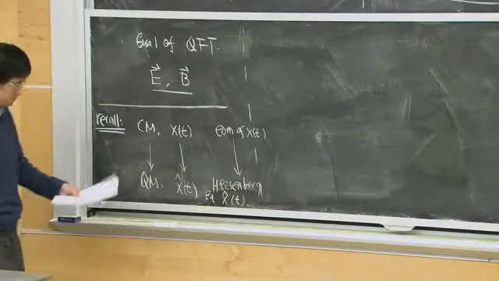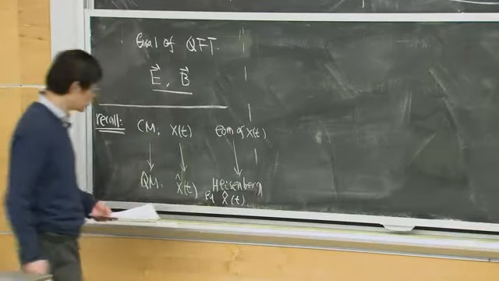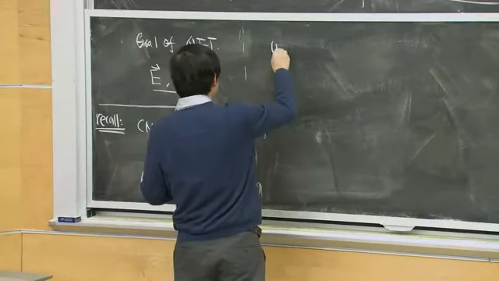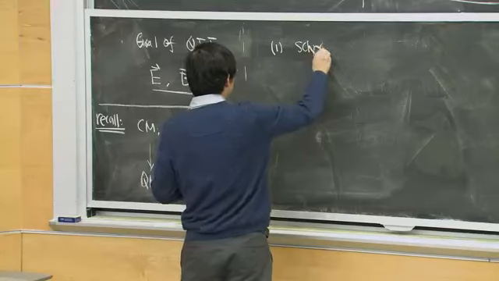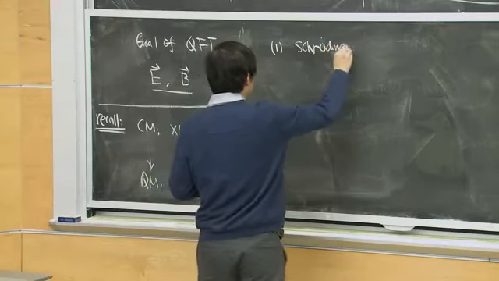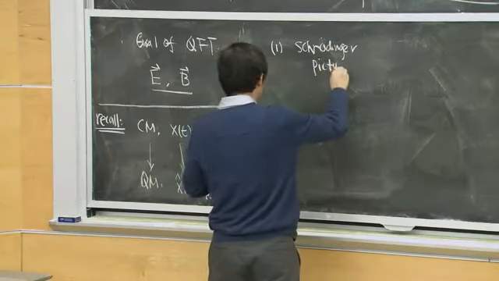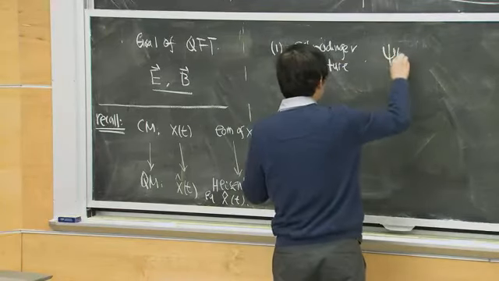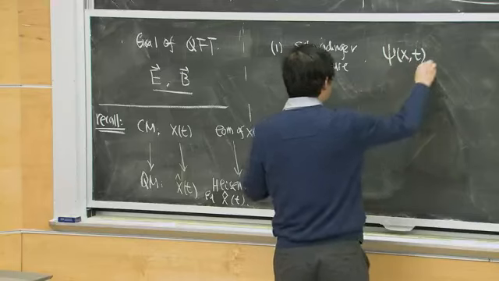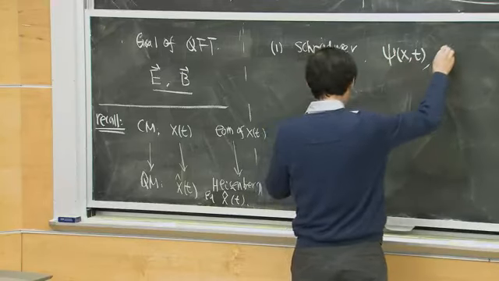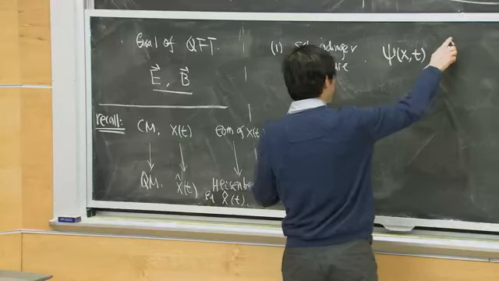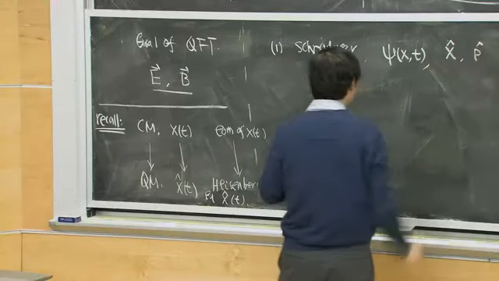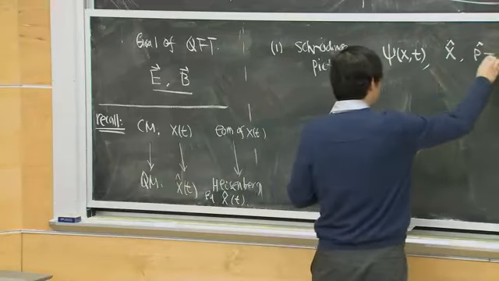In quantum mechanics, there are normally two ways to describe it. First is the Schrodinger picture. In this case, you have a wave function, which is a function of x and t, and then you have an operator which is x. Of course you also have a conjugate momentum, which is defined to be, say, x dot.